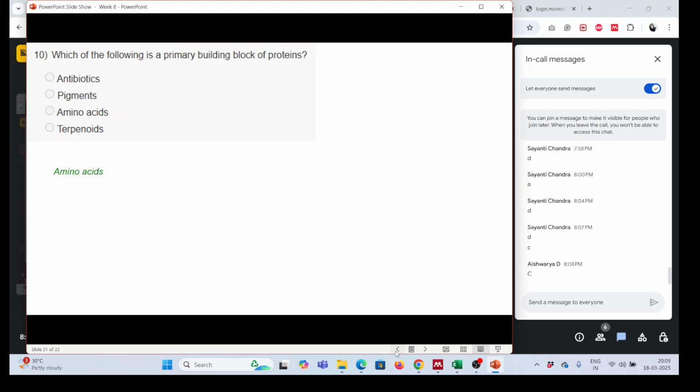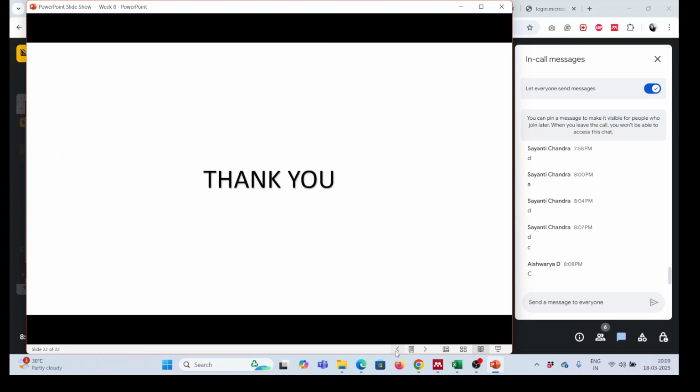Correct option is amino acid, that is option number C. So that is all for today.